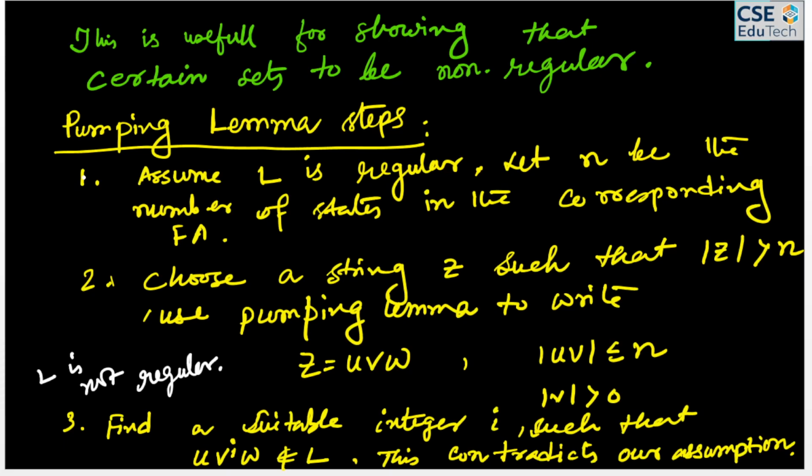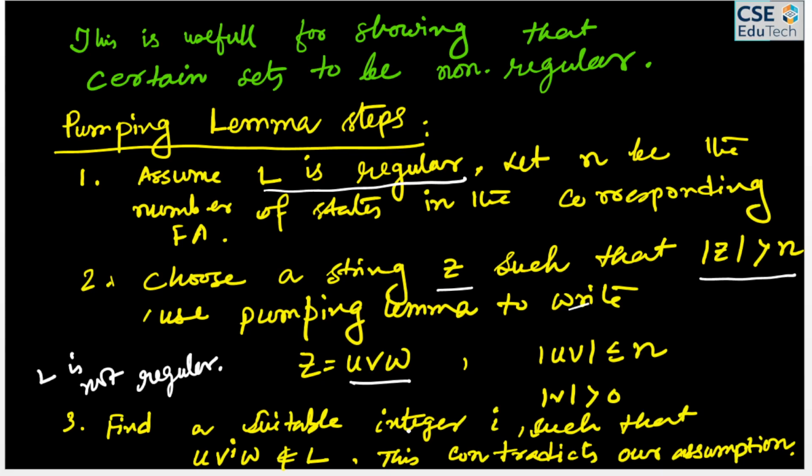To prove certain sets are non-regular, we have to follow these steps. One, two, three. Initially, we assume that L is regular. Then we choose any string Z such that the length of this string is greater than n, where n is the number of states. Then we apply the pumping lemma and partition this string Z into three parts UVW, in such a way that the length of UV together is less than or equal to n, and the length of string V alone is greater than 0.